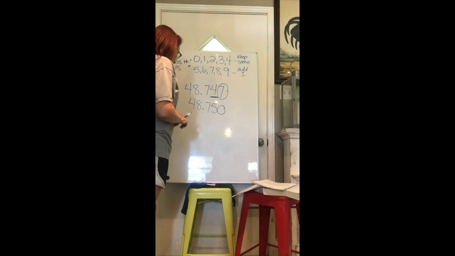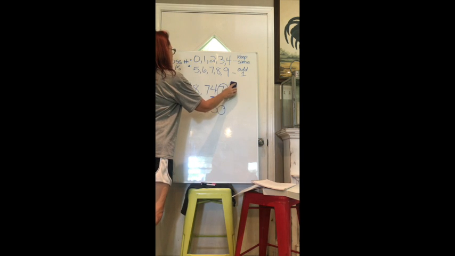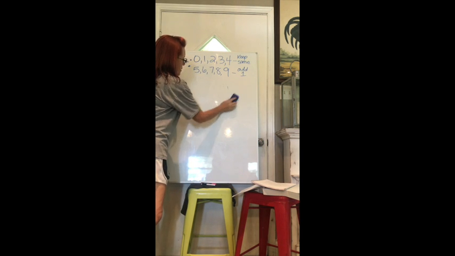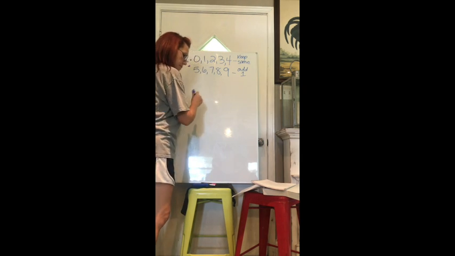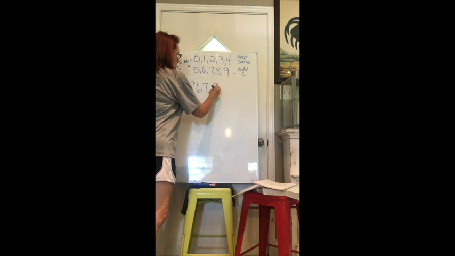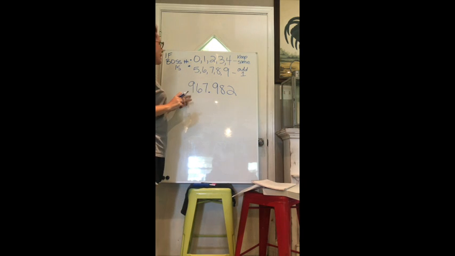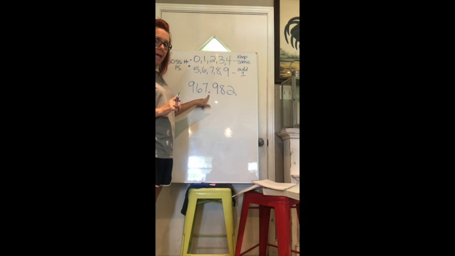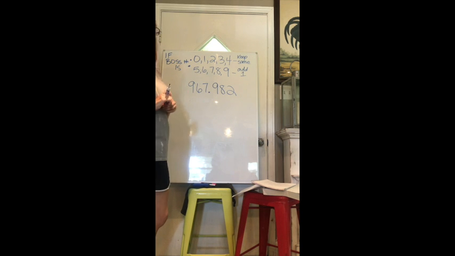Okay? Now, if I had the number 967 and 982 thousandths, and I told you to round to the hundredths place.